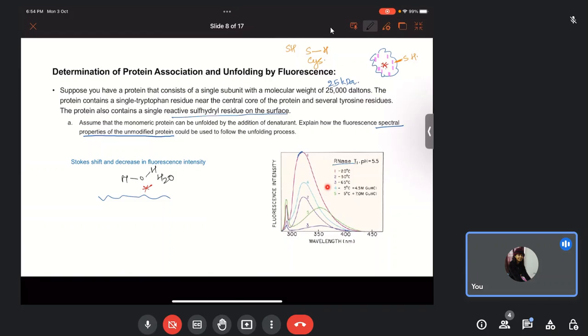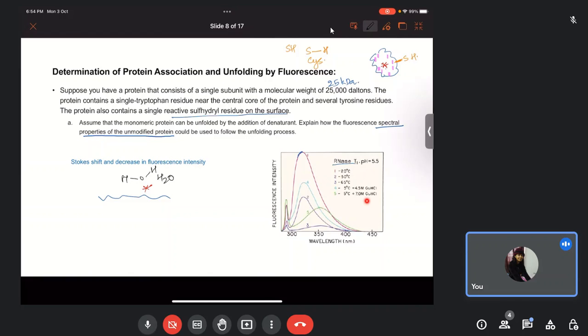The other two graphs show, so this is at 20 degrees Celsius in native condition. When you add a denaturant, which here is guanidine hydrochloride, with 4.5 molar guanidine hydrochloride you can see that there is a drop in fluorescence intensity, but we don't see a very steep shift in the emission maxima.